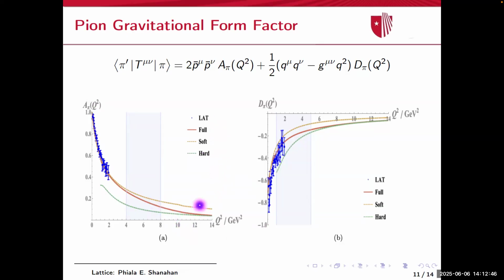That's why we have this soft curve and this hard curve, and eventually we interpolate these two curves into a red curve by optimal fitting.